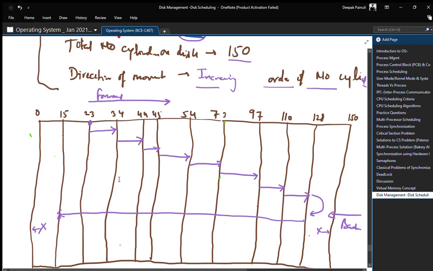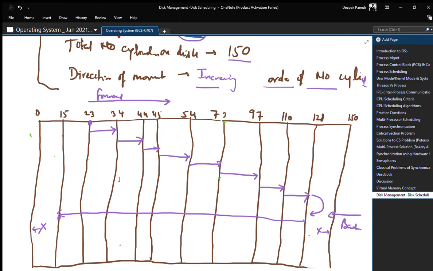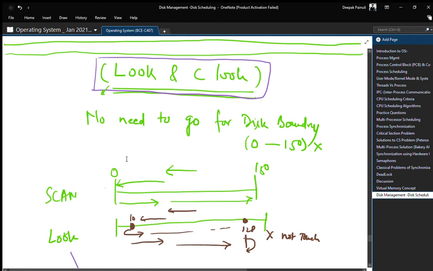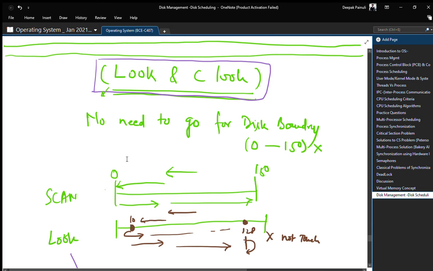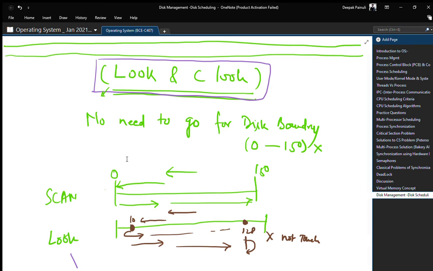As you can understand, C-LOOK and normal LOOK are the same as SCAN and C-SCAN, but the only difference is we won't touch our disk boundary. You need not touch the disk boundary because moving to the disk boundary also introduces head movement to your calculations.